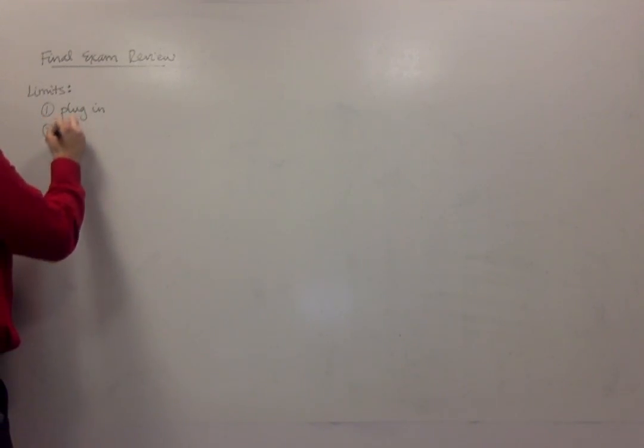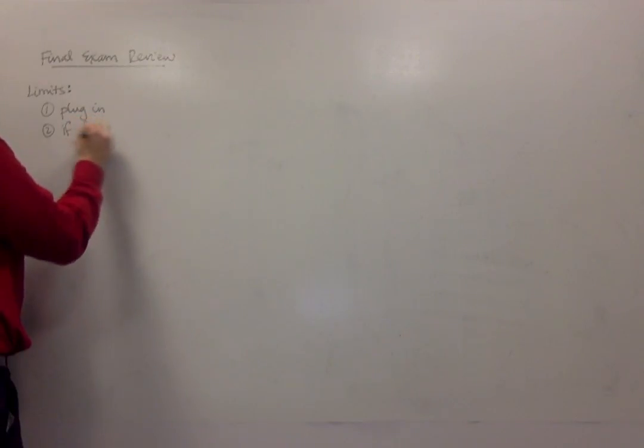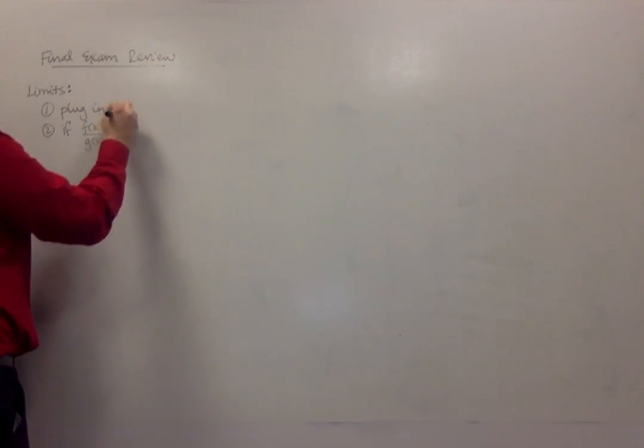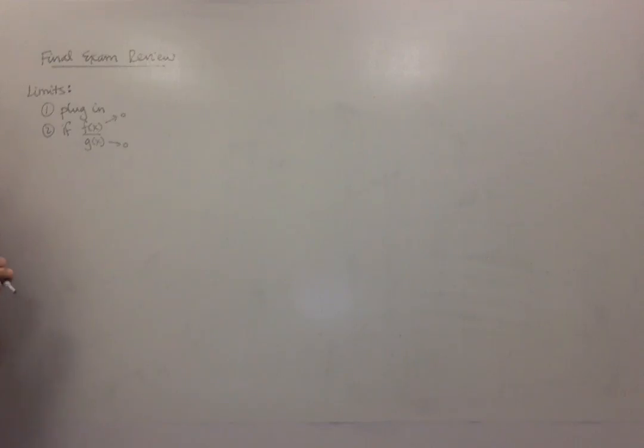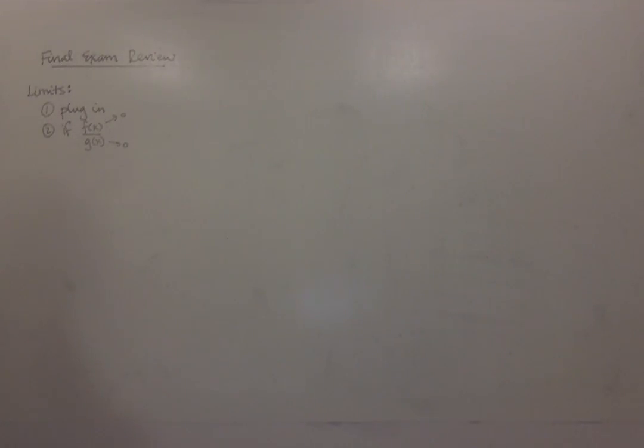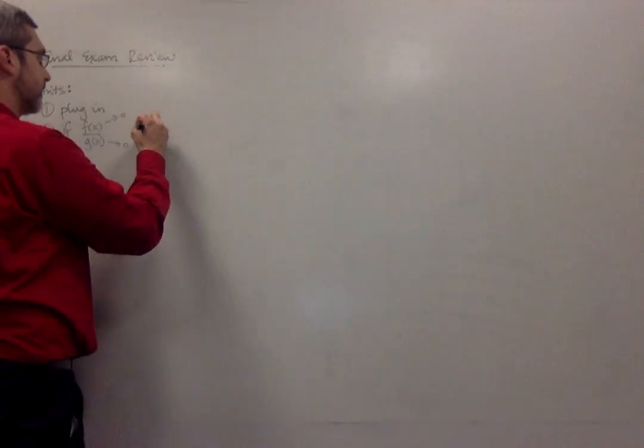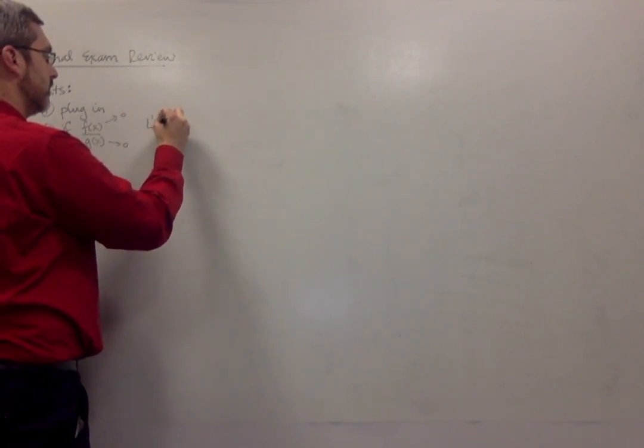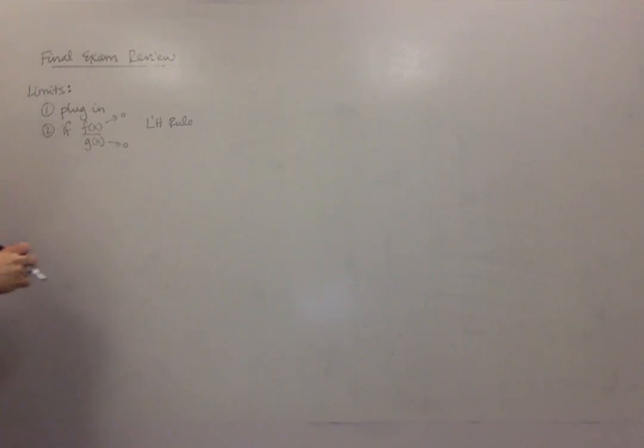If plugging in doesn't work, if we have a fraction in the form of 0 over 0, one of the first things you should now try is L'Hopital's rule, right? Because you now have a nice rule that fits there.